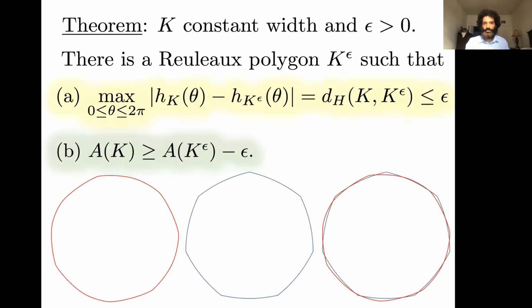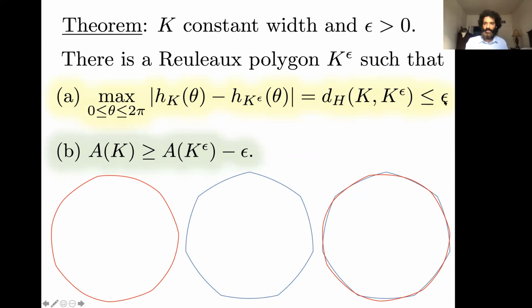Okay, now here's another thing that's, well, maybe just to me a little surprising. And that is Reuleaux polygons are dense. So if you give me any set K of constant width and your favorite small number epsilon, then there's a Reuleaux polygon such that the corresponding support functions are within epsilon in the sup norm.